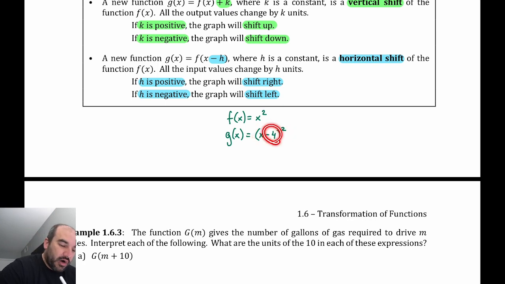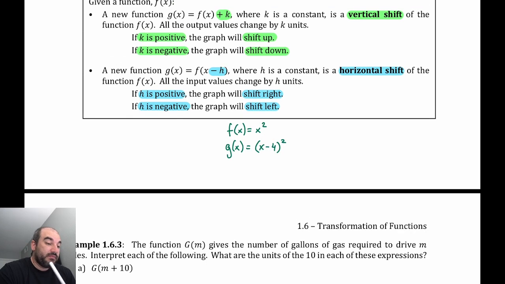So this minus 4, first of all, is it going to be a horizontal or a vertical shift? What do we think? Horizontal. That looks like it's going to be horizontal because it's in the parenthesis with the x. The x is being affected directly. The minus 4, is that going to be a left or right shift? Right. Right, good.